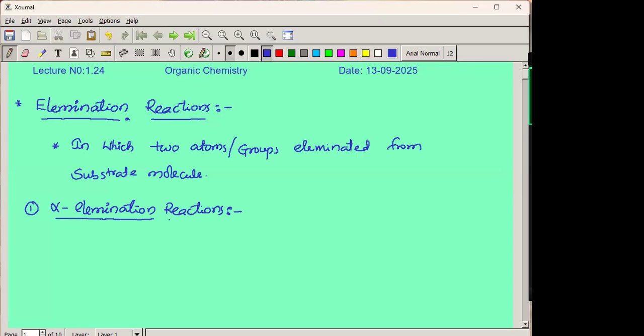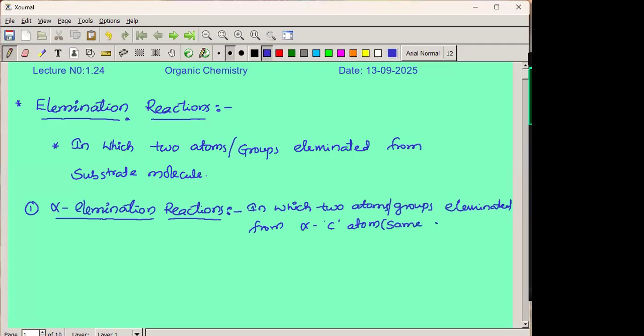Alpha elimination reactions are reactions in which two atoms or groups are eliminated from the alpha carbon atom, the same carbon atom.